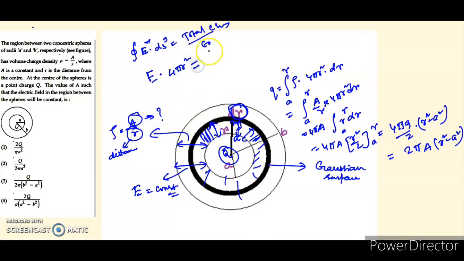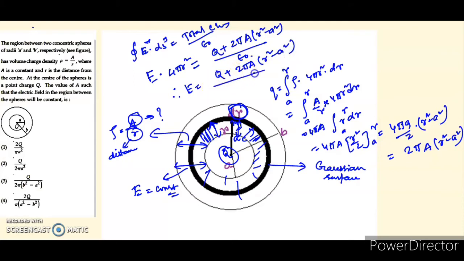Total charge means at the center it is Q, plus in the solid part it is 2π A (r² minus a²), whole divided by epsilon naught. Therefore we can write E is equal to Q plus 2π A (r² minus a²) divided by 4π r².